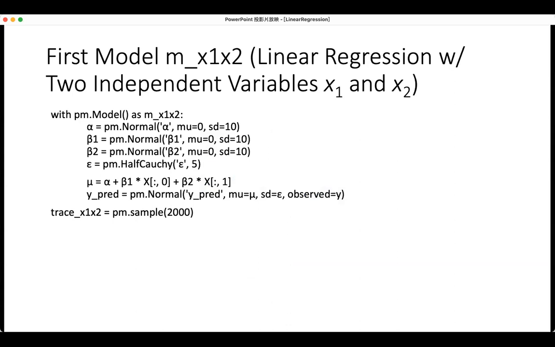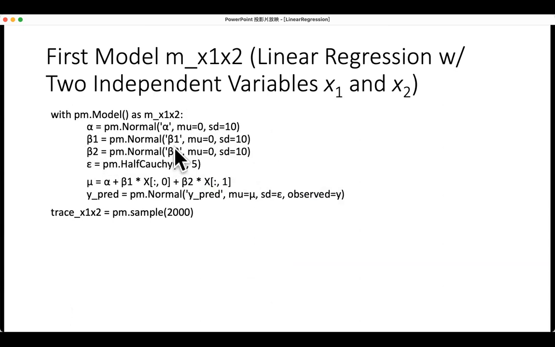So you can build a model using x1 and x2 both. This is obviously multiple linear regression. Here the alpha is a normal distribution with mu 0 and standard deviation 10.